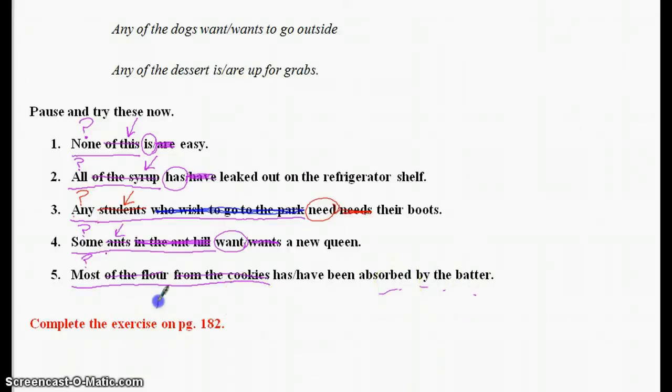No, it's the flour that has been absorbed by the batter. So we're truly going to ignore that one, and we're dipping into this one. The flour has been absorbed by the batter. And so that's the verb we're looking for. So sometimes you do have to throw in the common sense, like on this one. We're not talking about cookies being absorbed. We're talking about the flour being absorbed. So it's this core noun that we're looking at.